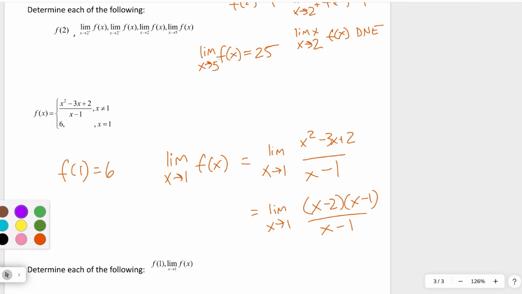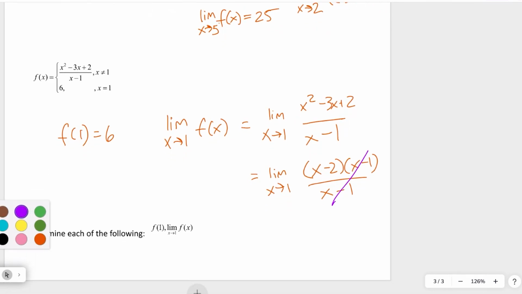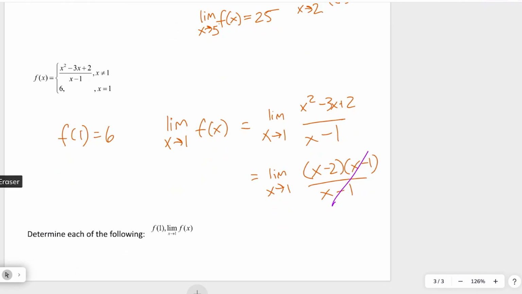Now the x minus 1s will reduce, so we have the limit as x approaches 1 of just x minus 2. And now we can use direct substitution. So 1 minus 2 is negative 1.